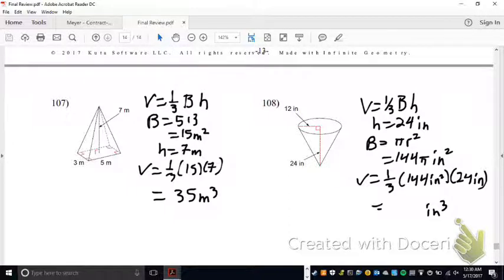So, we are going to first make sure that this is correct. 144 pi.